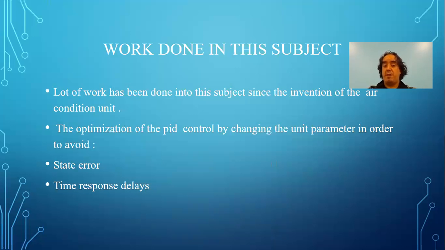One of the major changes that has been made to the PID control to make the air conditioning system perform efficiently is the optimization of the PID control by changing its parameters in order to avoid steady-state error and time response delays.